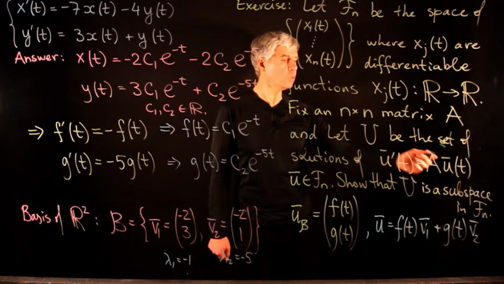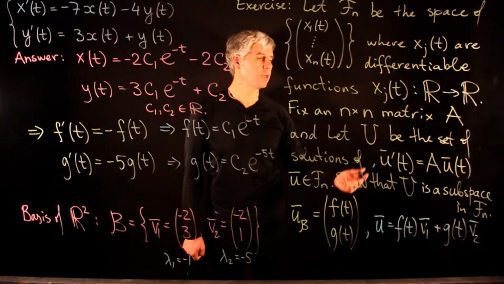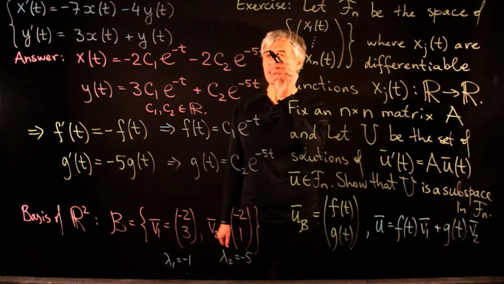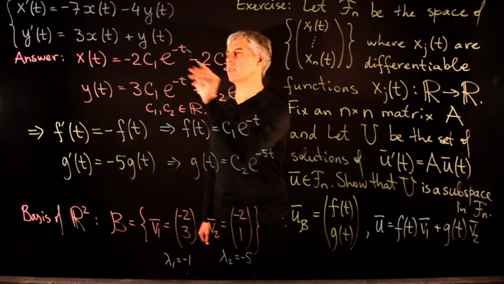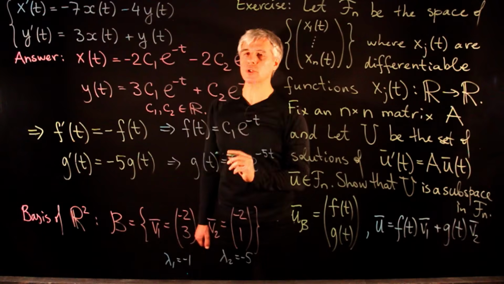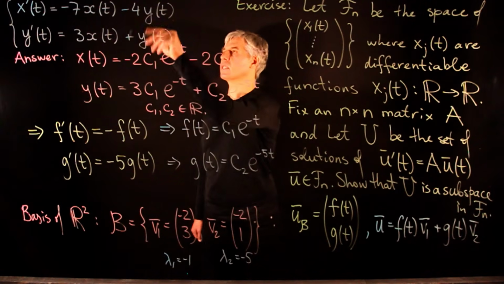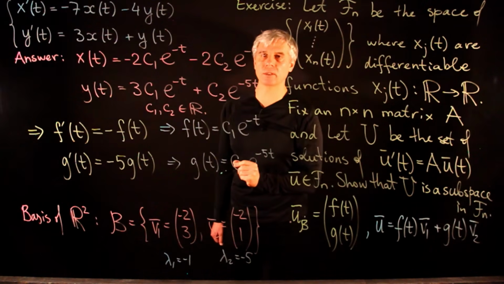Or if we take a solution, then the constant multiple of that solution is again a solution. In this example, we see that we have two free parameters that describe this set of solutions. So this means that the set of solutions of this system of linear differential equations in this example is two-dimensional.